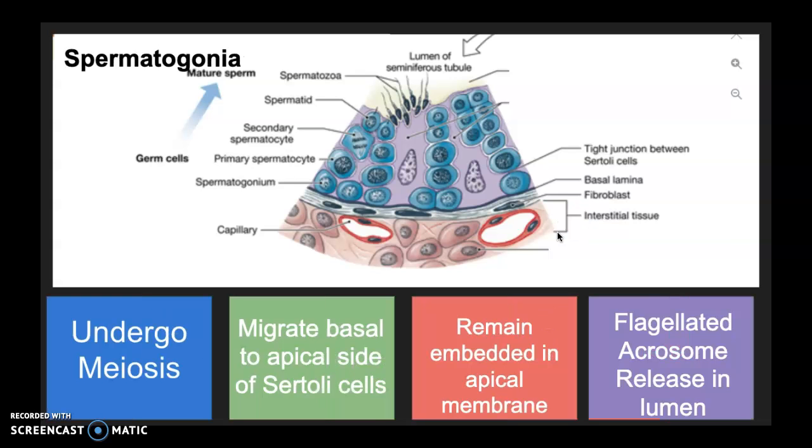The third cell type, as mentioned before, the spermatogonia, are the cells that actually undergo meiosis. These cells are found in that basolateral compartment, highlighted here in purple. And these cells are responsible for becoming and producing mature sperm cells.